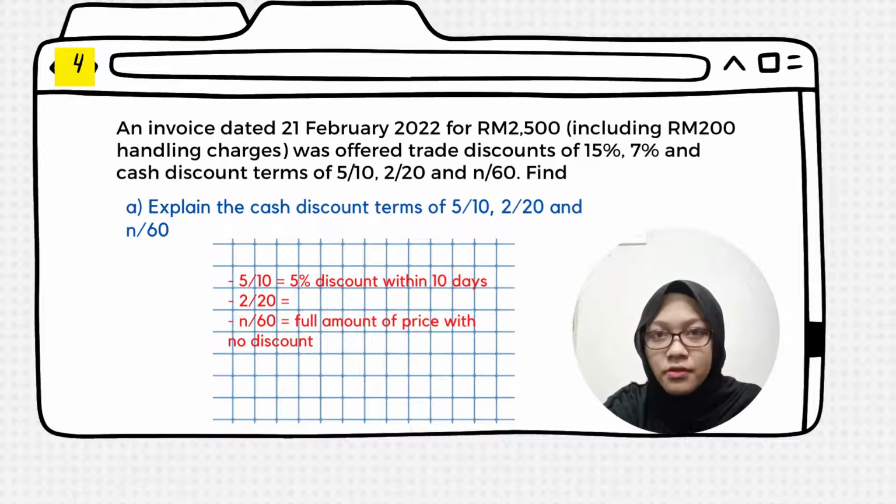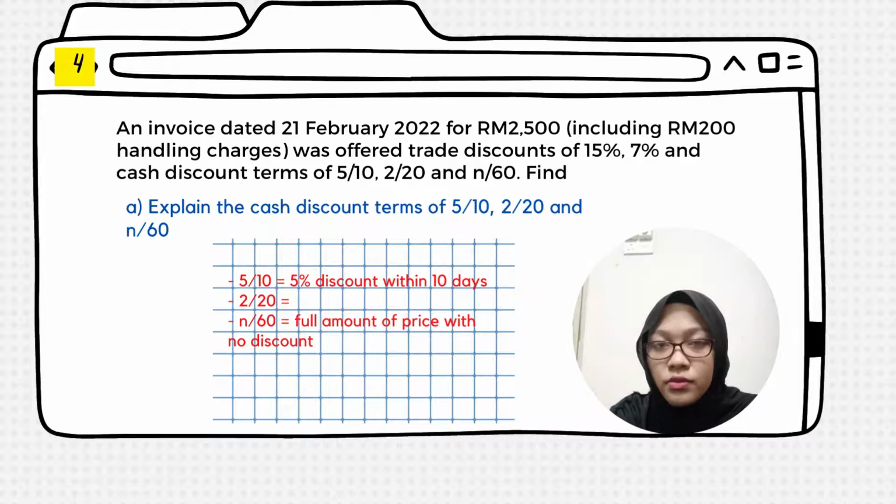My part is an invoice dated 21 February 2022 for RM2,500, including RM200 handling charges, with a trade discount of 50% and 7%, and cash discount terms of 5/10, 2/20 and N/60.